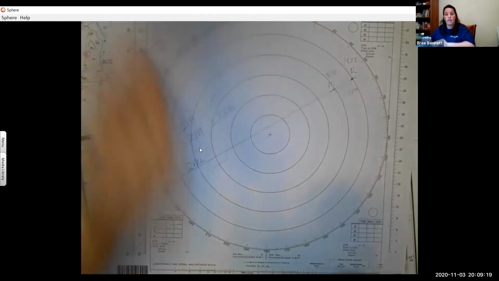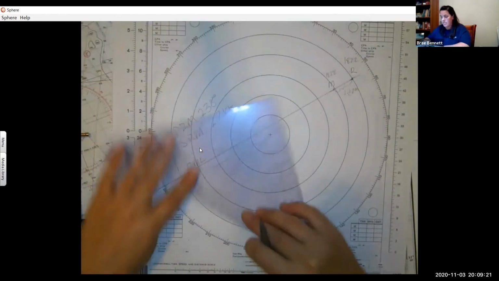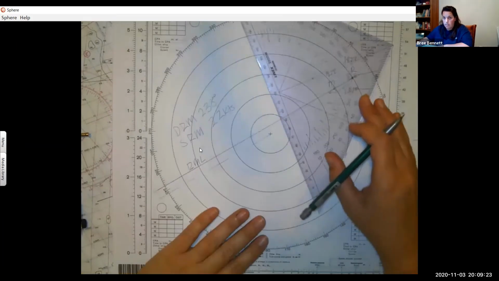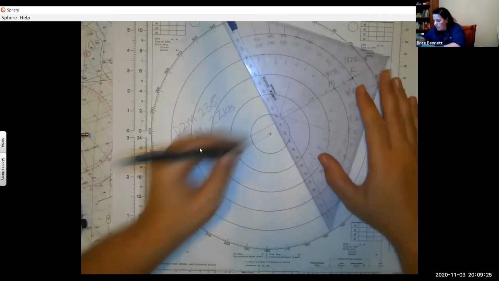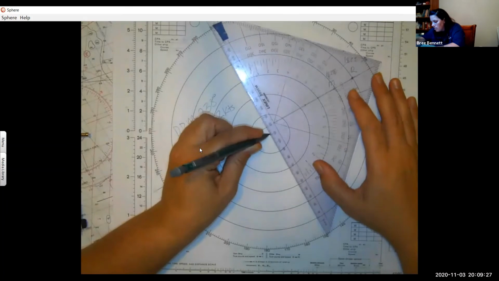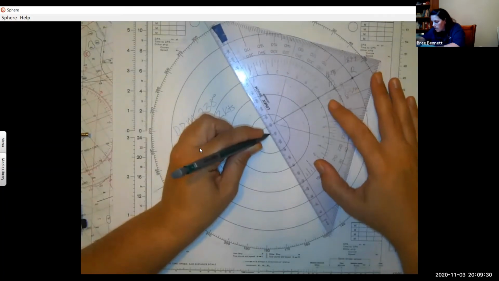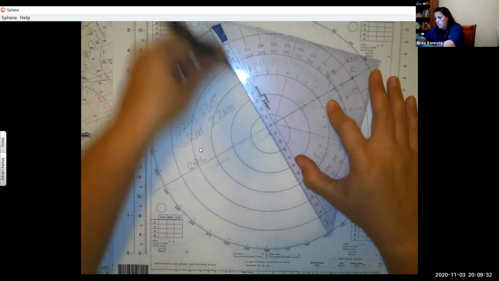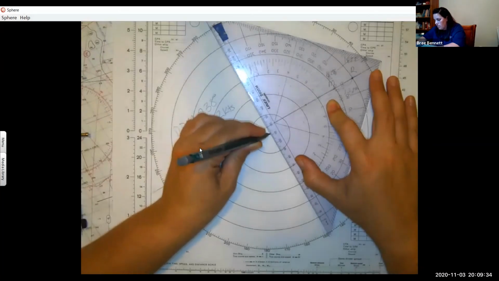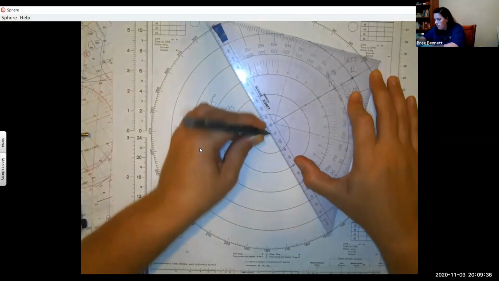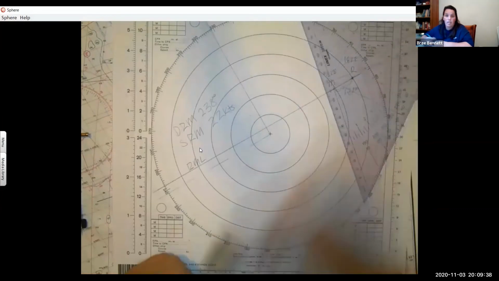Then we want to know our CPA and our time of CPA. So I use the 90-degree triangle over our relative motion line. Okay, I moved that triangle a little bit. There we go.